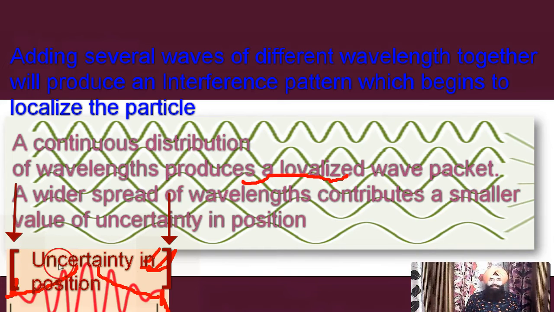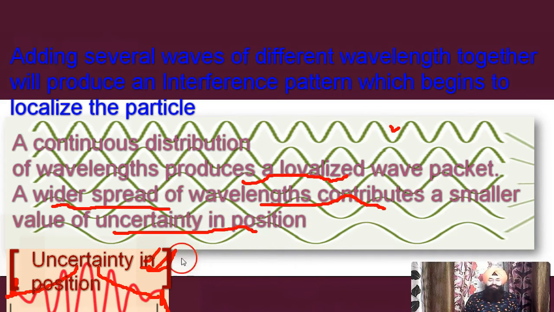So delta X now becomes certain. The position is certain within delta X, and the particle will be found within delta X. So a wider spread of wavelengths, a superposition of a large number of wavelengths, contributes a smaller value of uncertainty in position.